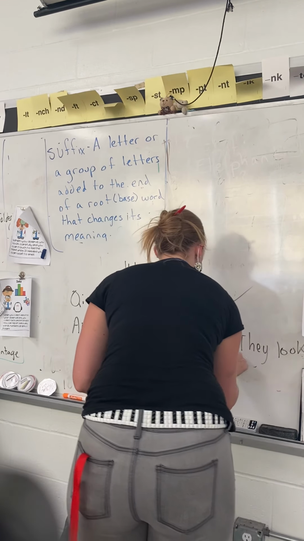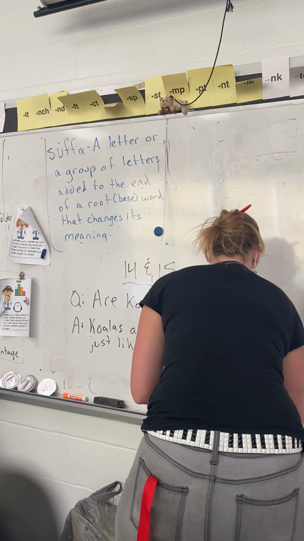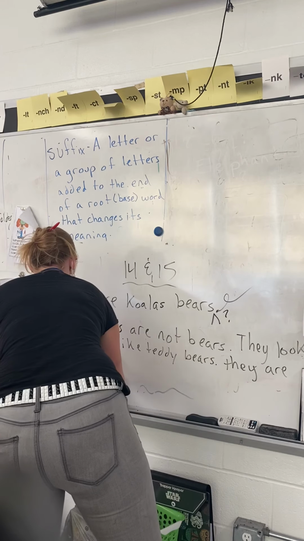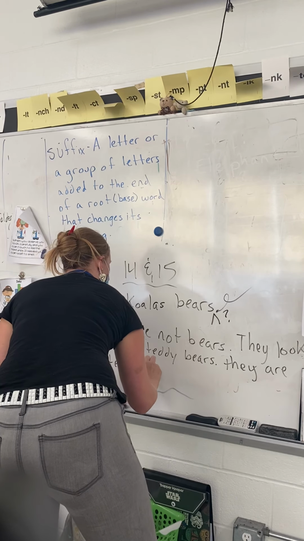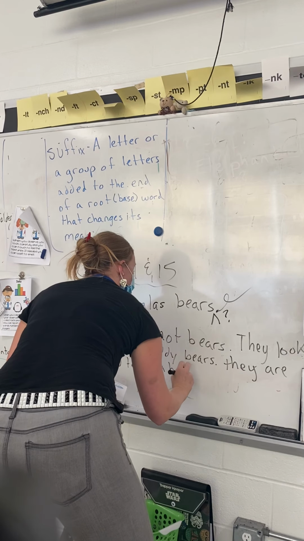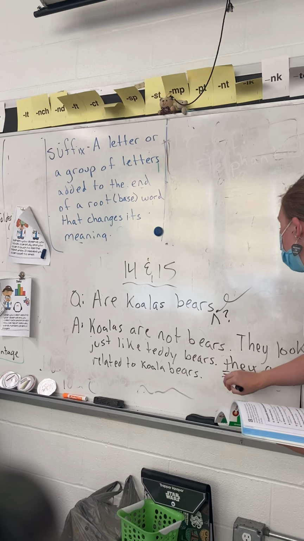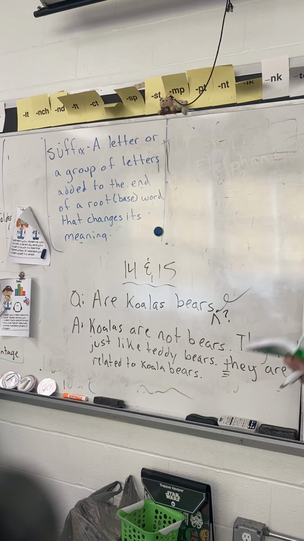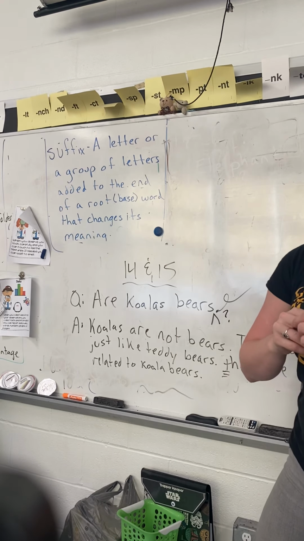So, for that one that has the mistake of the capital letter, they are related to koala bears. Right? For that part, you are going to put 3 small lines underneath that T, showing that it needs to be a capital letter. Okay? So those are the marks you'd be making, right?